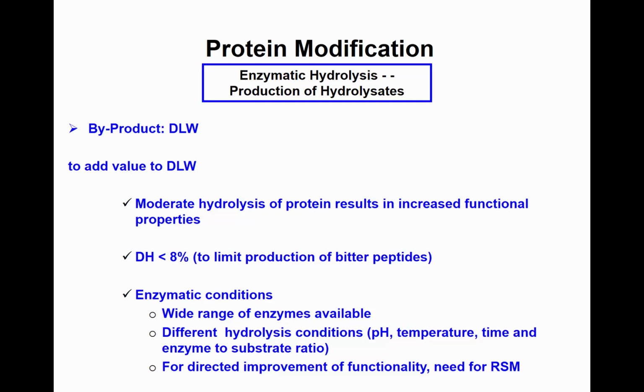We wanted to target limited hydrolysis, and then we were stuck with, okay, now what enzyme should we use? What conditions should we use? And to get a desired targeted change. There are a lot of conditions to choose from. So we went ahead and worked with a statistical design.